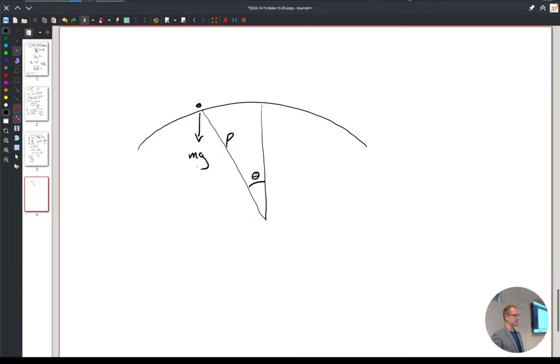So mg is still going to be down. And whatever force applied we had is going to be pointing up like that again. And this is mg, that theta is right in that internal angle there.